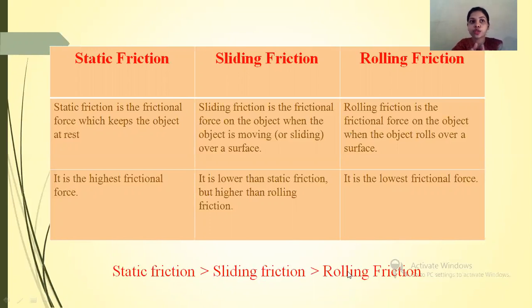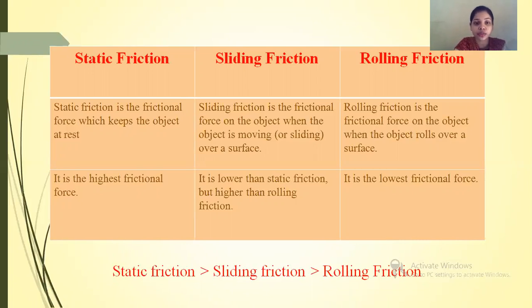If any object has a wheel under it, then it is easily moved from one place to another. If an object is already in motion, then it is also easy to move because it is already in motion. But it is very easy when it has rolls or wheels under it.